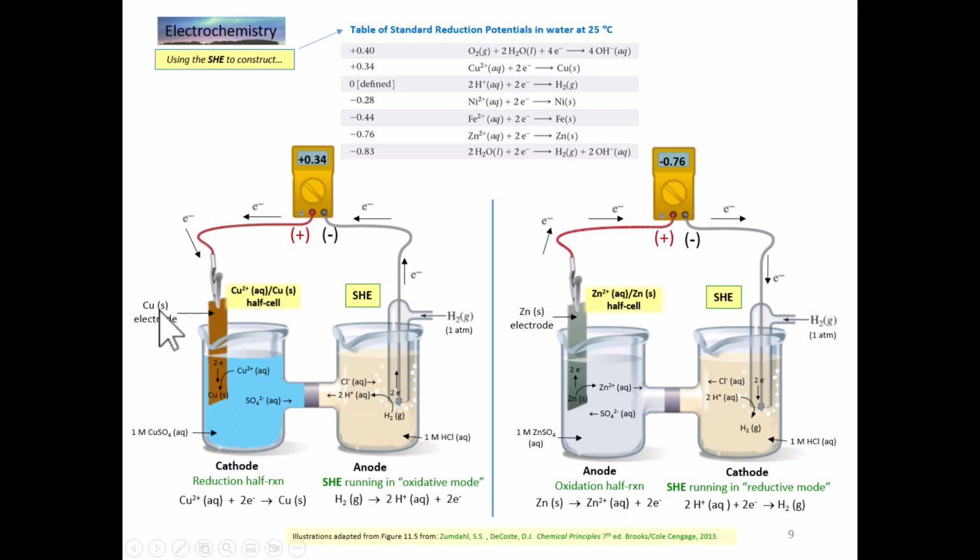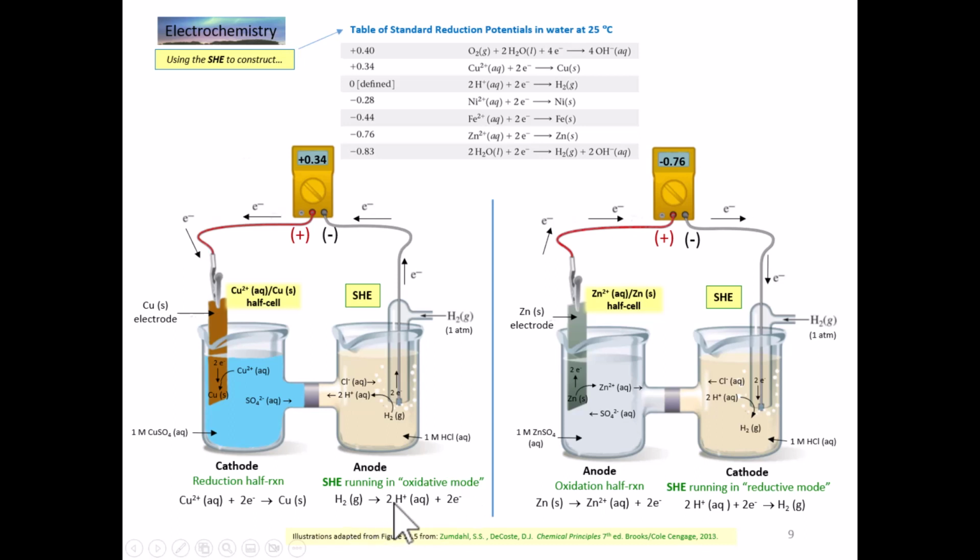Well, what seems to be going on? Well, when we do that, electrons flow from the standard hydrogen electrode over to the copper electrode, where copper ions are reduced to copper. So what's going on here is that the standard hydrogen electrode is being forced to run in oxidative mode.